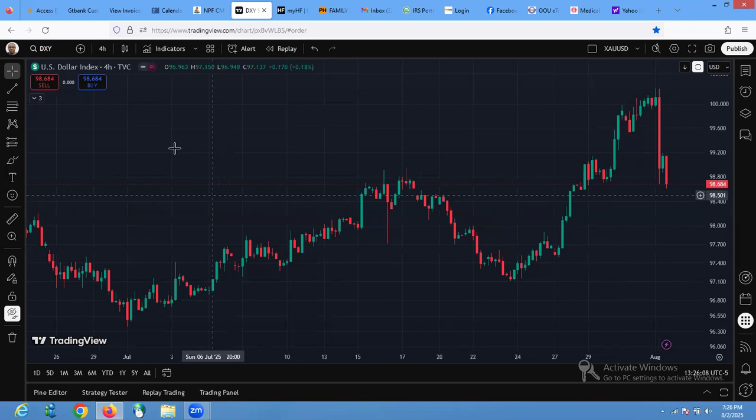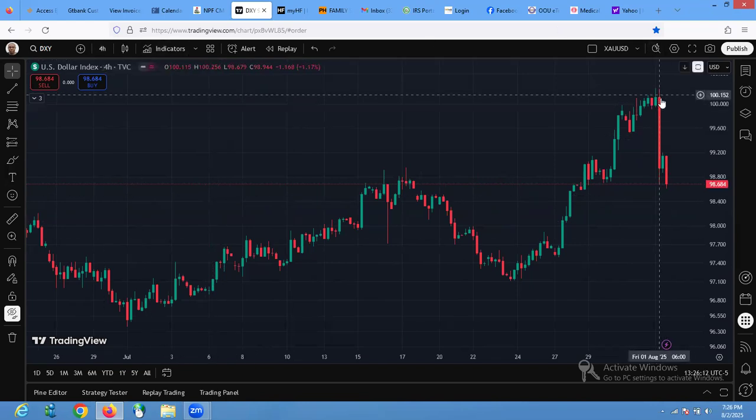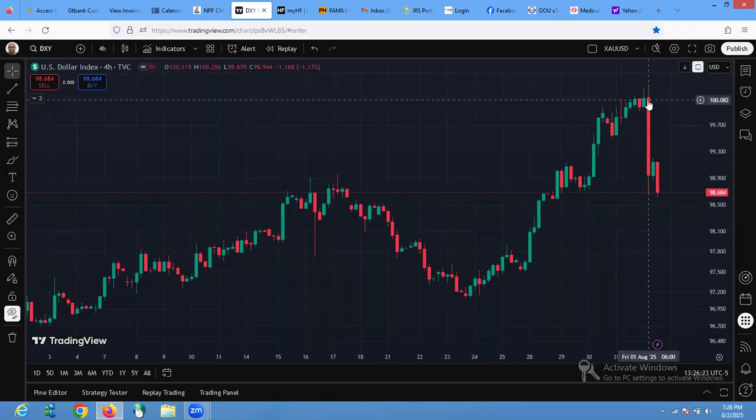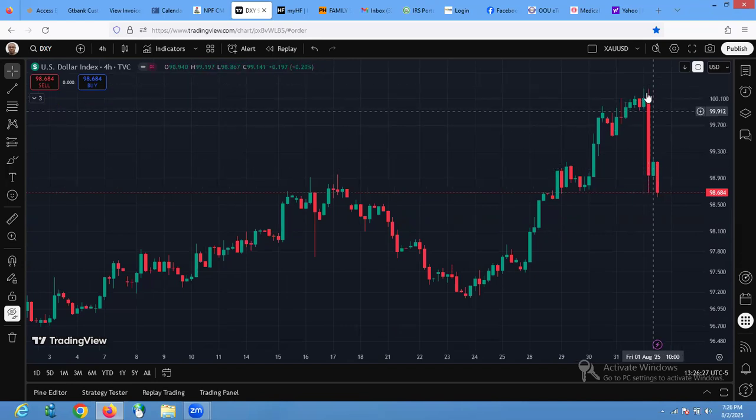This is the 4-hour time frame on the DXY. This 4-hour candle has closed properly as a momentum candle, which makes you think the price wants to go down because it has confirmed.